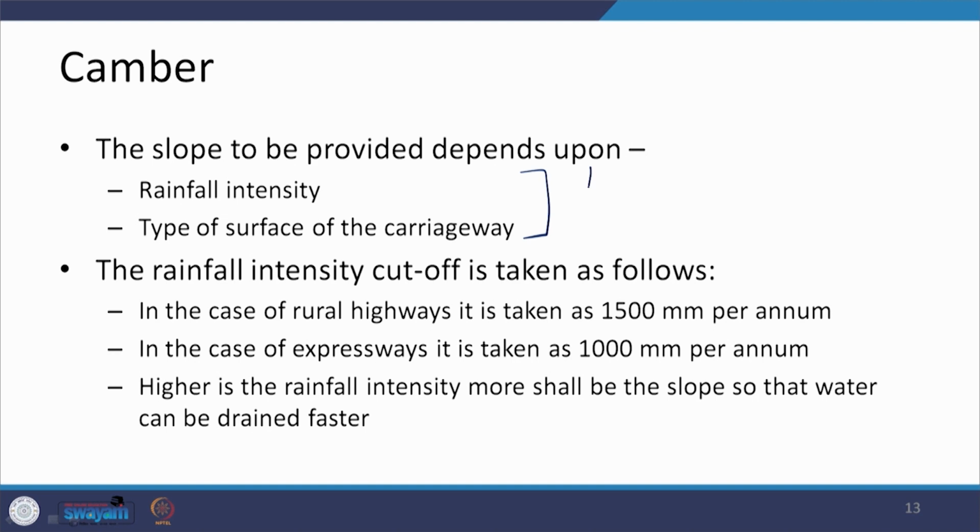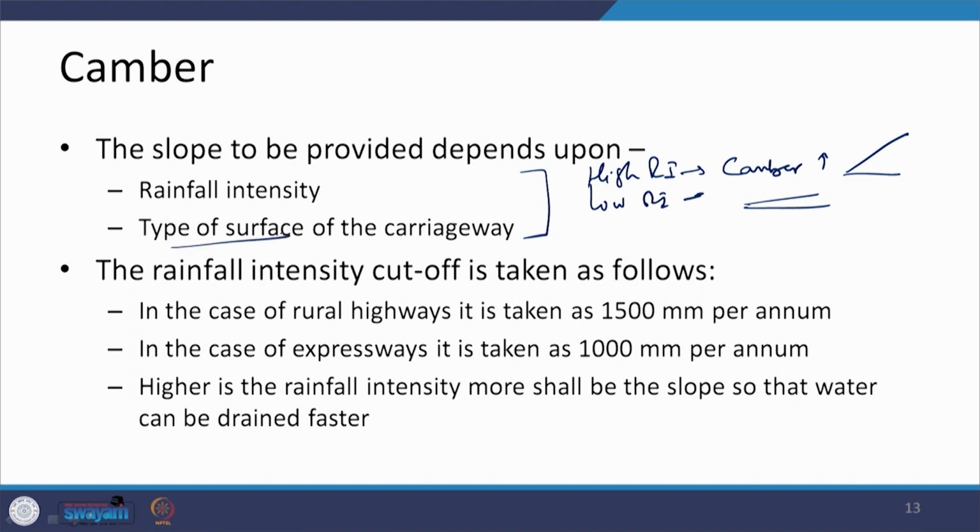If it is a high rainfall intensity, that means the camber should be steeper. It should be something like this, but if it is a low rainfall intensity, then we can work with even this type of a surface.